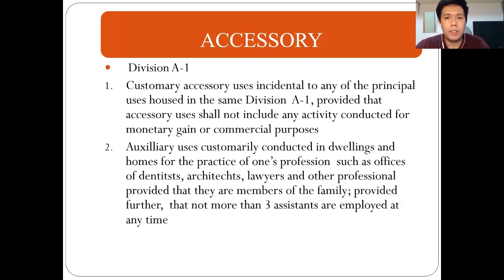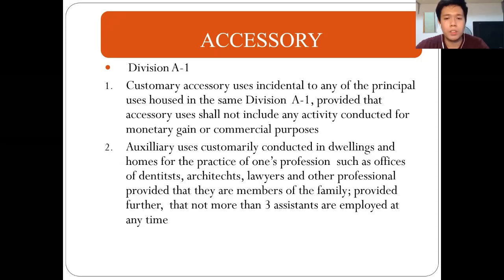For the accessory use of Division A1, customary accessory uses incidental to any of the principal uses housed in the same Division A1, provided that accessory uses shall not include any activity conducted for monetary gain or commercial purposes.